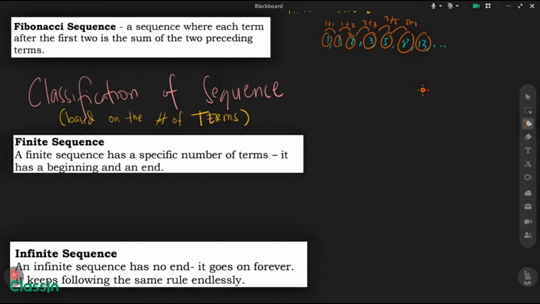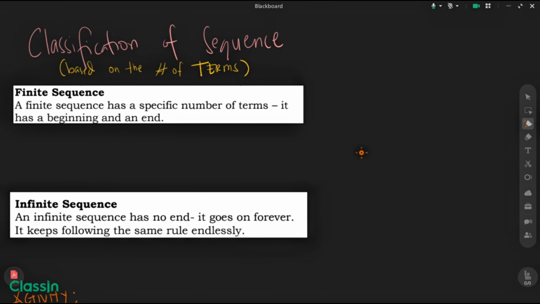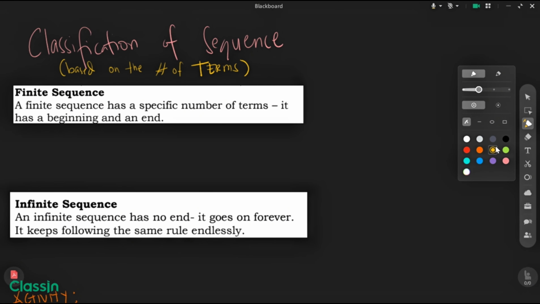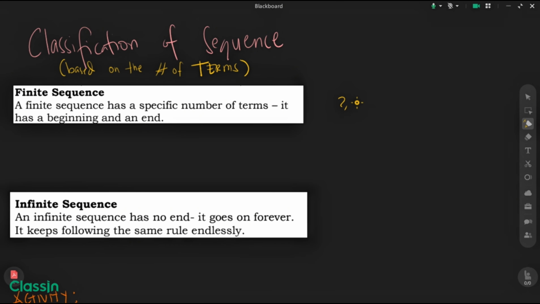Now let's move on. What about the classification of sequence? So this is based on the number of terms. So we have 2. First one is the finite sequence. When we say finite sequence, it has a specific number of terms. It has a beginning and an end. For example, for the finite sequence, we have 2, 4, 6, 8, 10.